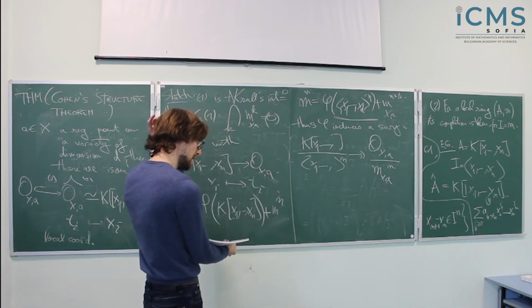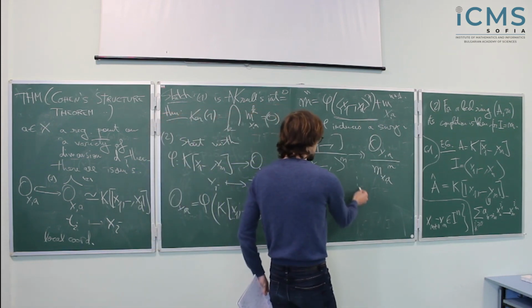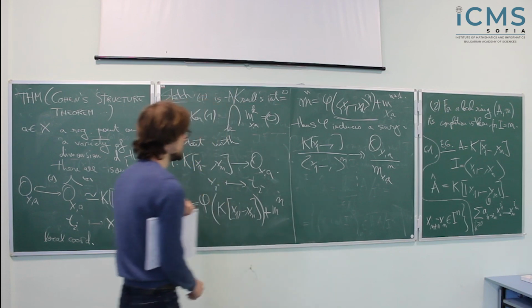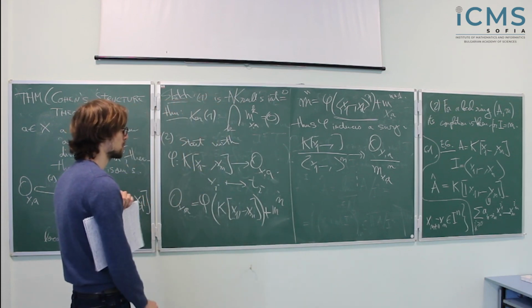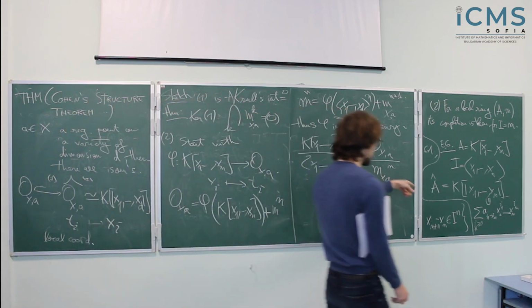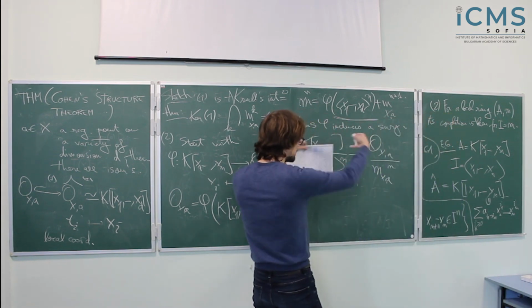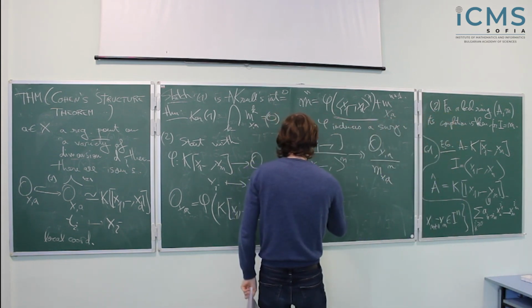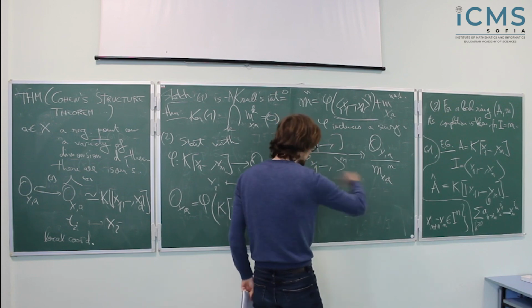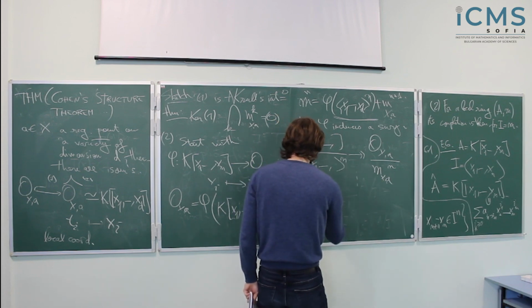Okay. If you take, let's say, the product of all these morphisms and you take the projective limit, all these morphisms assemble into the completion morphism between the two.